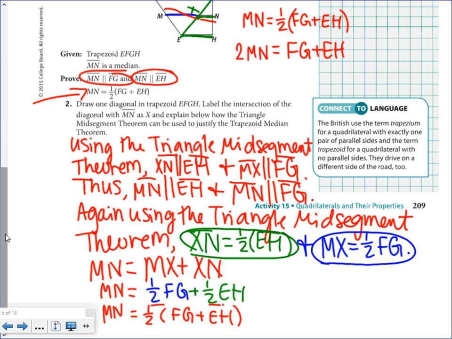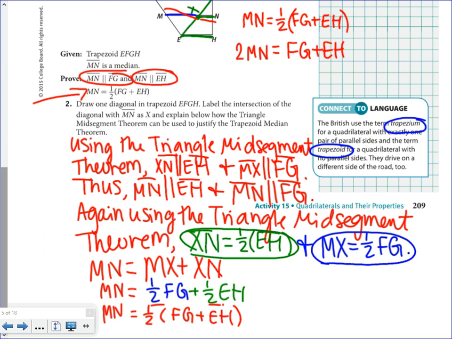The British used the term trapezium, and that's with a quadrilateral that has exactly one pair of parallel sides. And they use the term trapezoid for a quadrilateral with no parallel sides. So they actually use different terms for these figures. In English, what we use, trapezoid, has one pair of parallel sides, and a trapezium has no pairs of parallel sides.